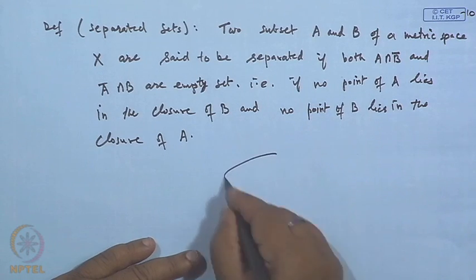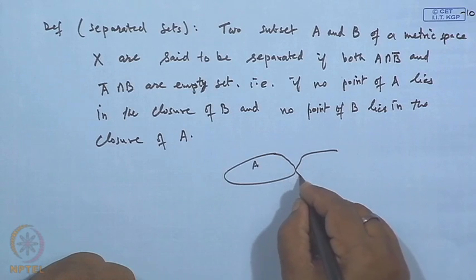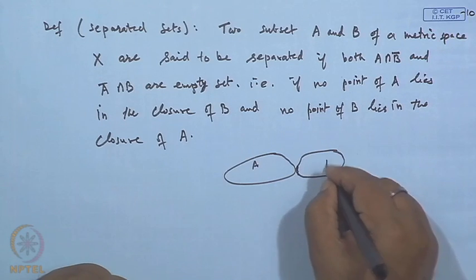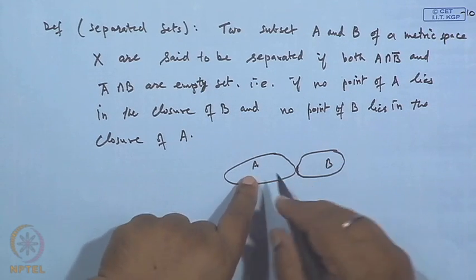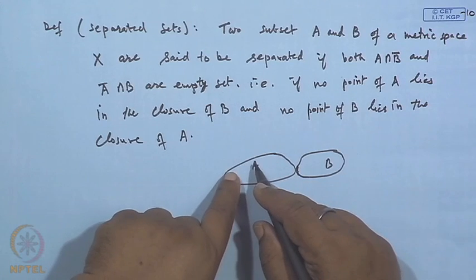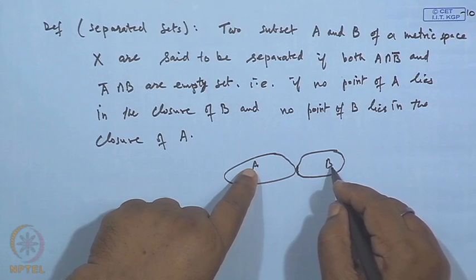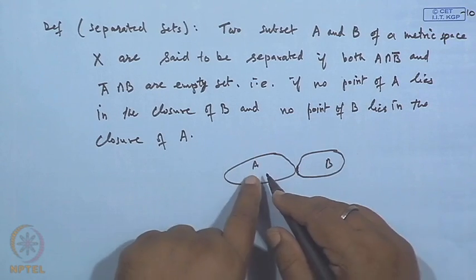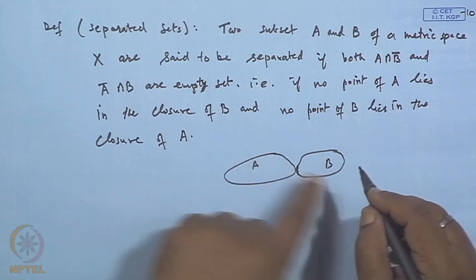It means this is one set A and here is another set B. Now, if I take the limit points of all the points of A, then they should not belong to the closure of B. And if we take any point of B and all its limit points, if they do not belong to A, then we say A and B are separated.